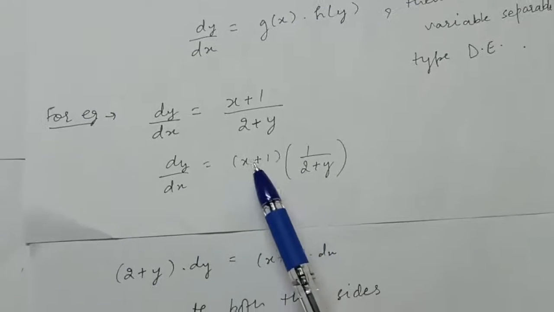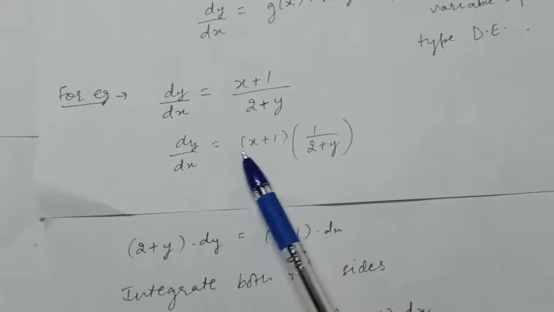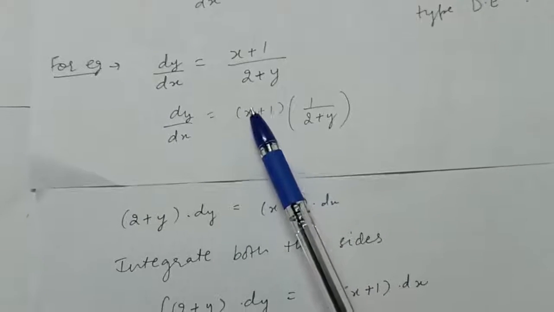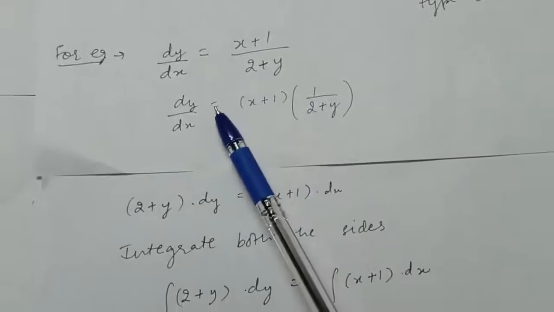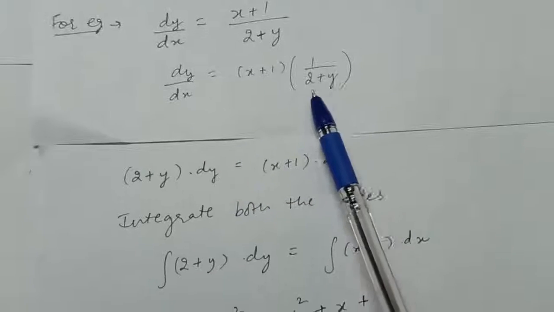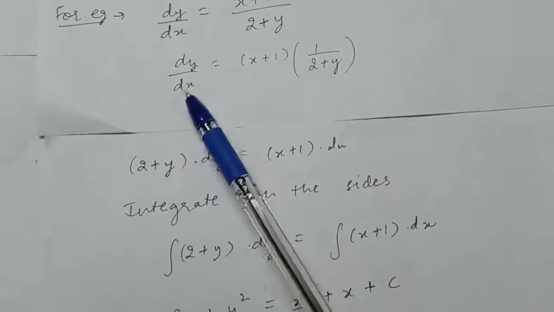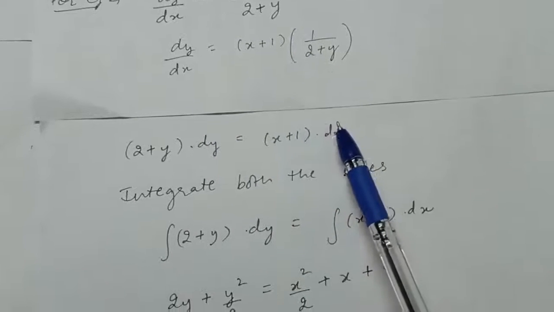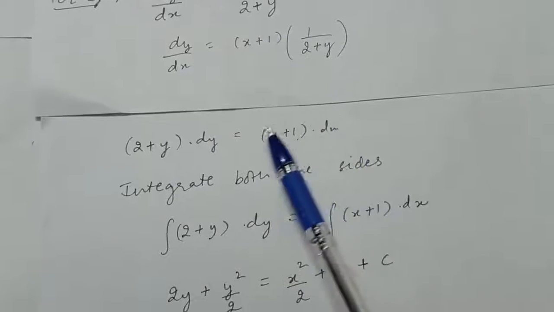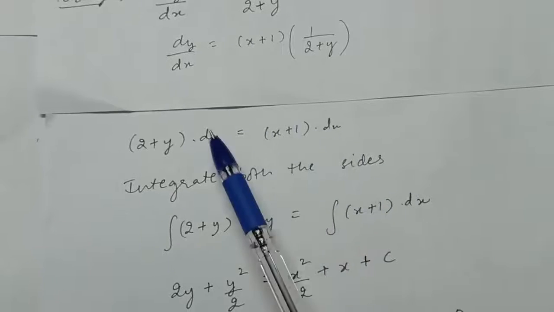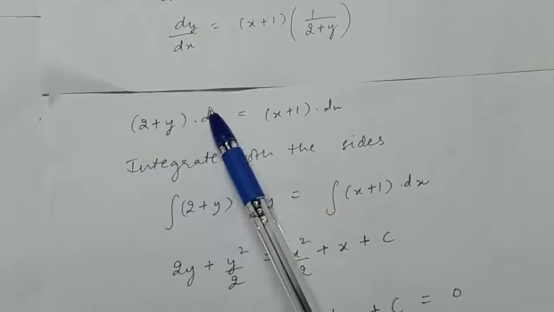Now the next step is to keep the values of x on one side and the values of y on one side. Therefore, taking this 2 plus y on this side and this dx on this side, right? Now on the right side there are complete values of x and on the left side there are complete values of y.